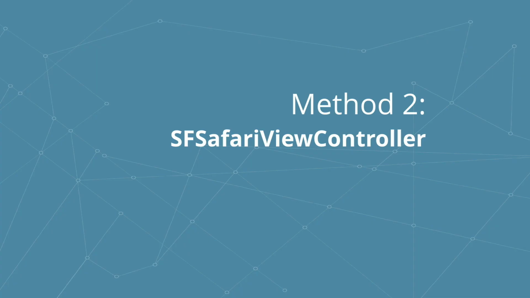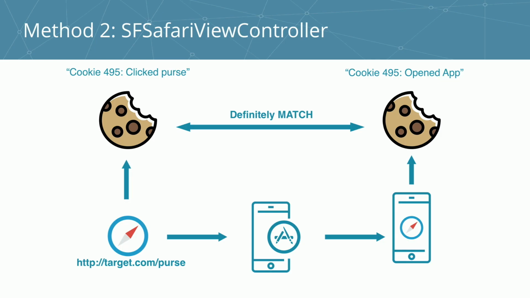Now, our method 2 is the SFSafariViewController. Now, this is very similar to device snapshotting. What we do is, if a user is in Safari and they click on the web URL, we'll actually store a unique identifier in the cookies of Safari, and we'll save all that.